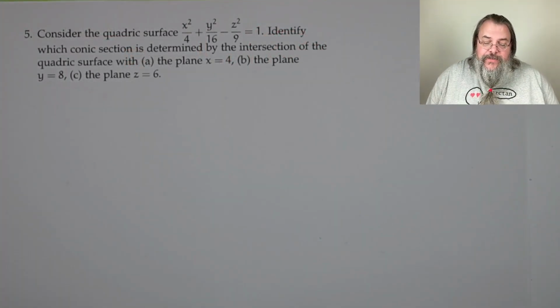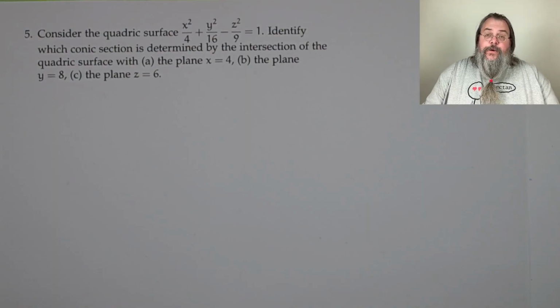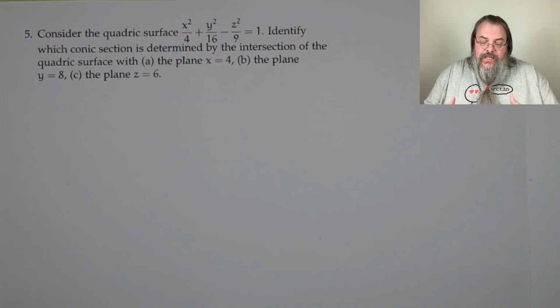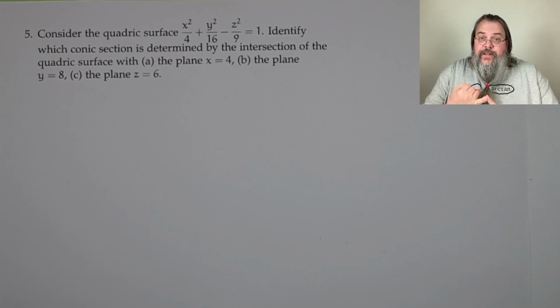Consider the quadric surface x squared over 4 plus y squared over 16 minus z squared over 9 equals 1. Identify which conic section is determined by the intersection of the quadric surface with the plane x equals 4, y equals 8, and z equals 6.